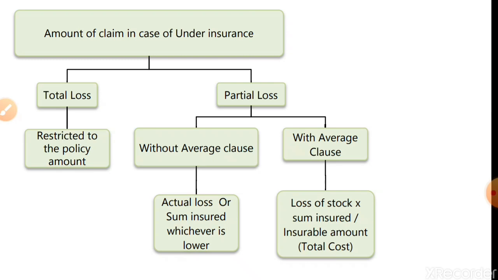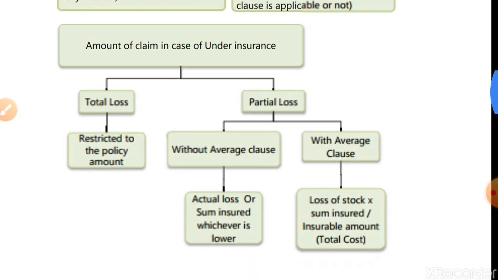That is nothing but loss of stock into sum insured, divided by the insurable amount, that is the total cost, that is the closing stock on the date of claim, that we need to consider. This is what we have to do in under insurance.